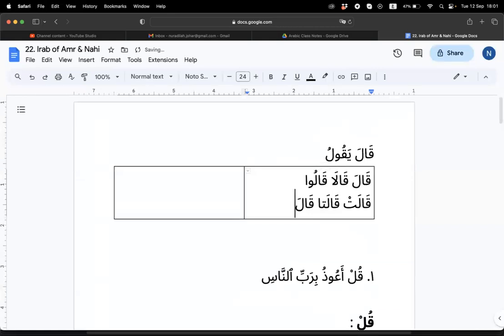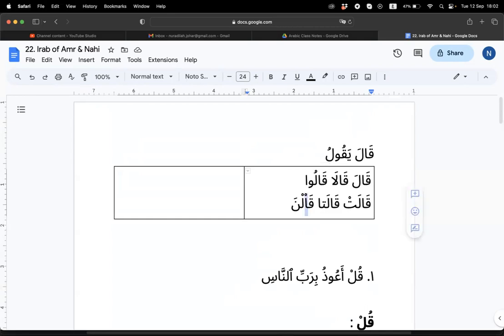Qolna. Usually we put a sukun here, put nun fathah, right? But now we have two sukun, one on the alif, one on the lam. You will learn this again later, but whenever we have two sukuns, we drop the weak letter. Weak letter meaning alif, waw, or ya.